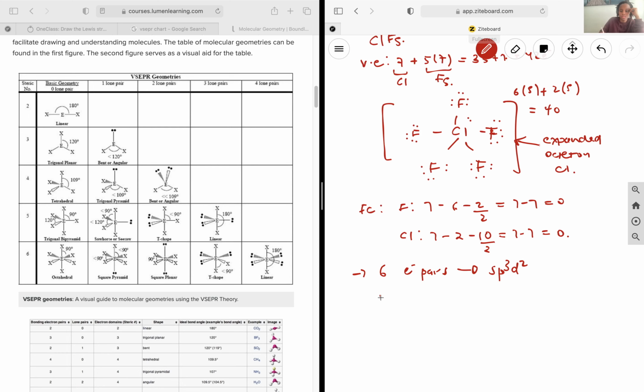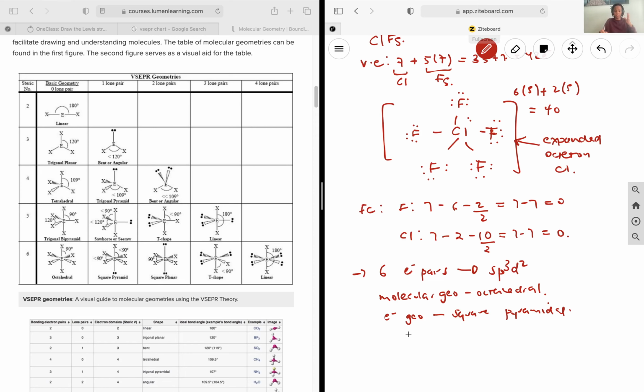And so this means that the molecular geometry is going to be octahedral. But then our electron geometry is going to account for the fact that we have one lone pair, and so it's going to be square pyramidal.